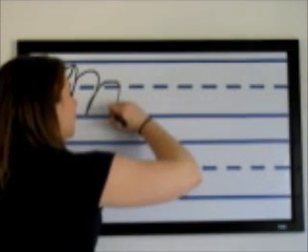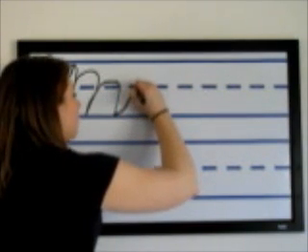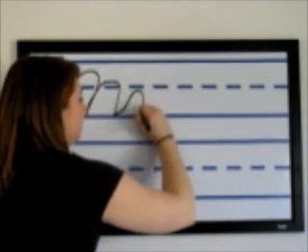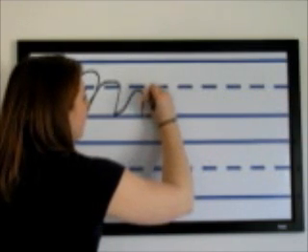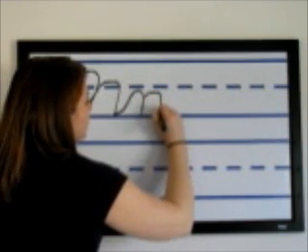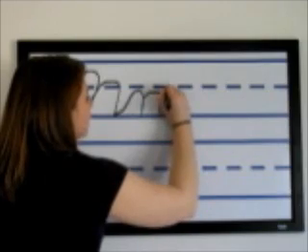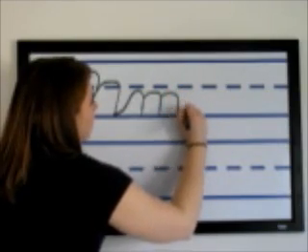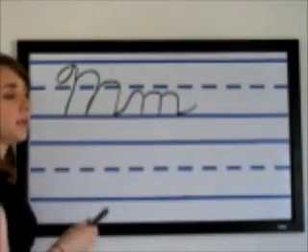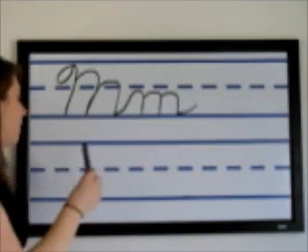Let's go into our lowercase letter m. Going to round the top and bring it down, retrace it, rounded top, bring it down, back up, same height this time, rounded top. There we go, our capital and lowercase letter m.